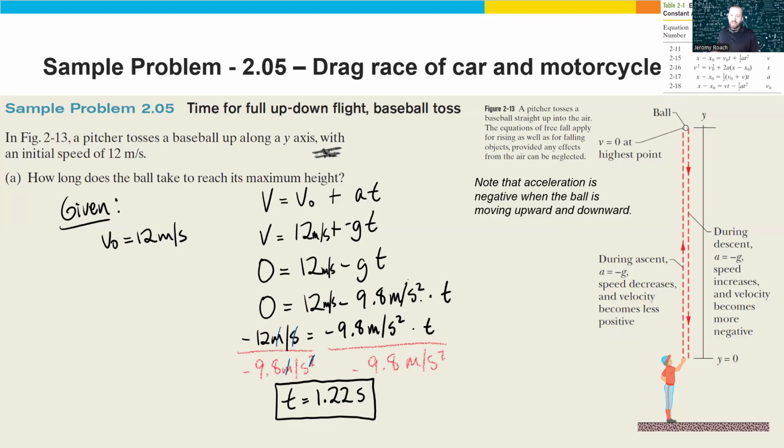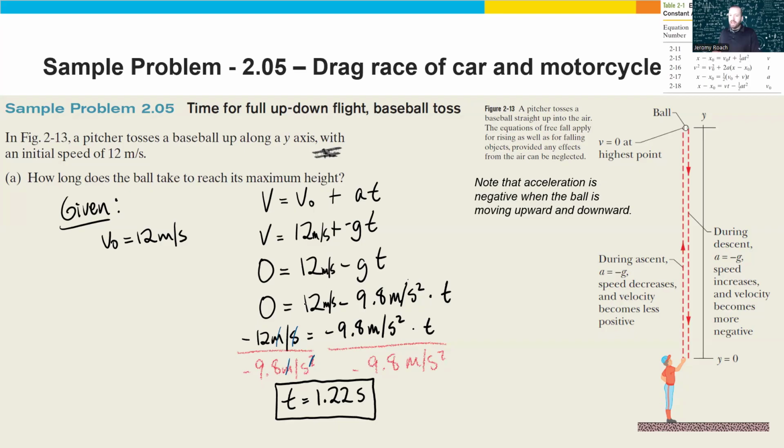Now G is 9.8, and this is why I said to be careful with the negatives, because now we have minus G. G is a positive value. It's 9.8, but we're doing minus 9.8. So 12 meters per second minus 9.8 meters per second squared. Now be careful not to combine these two. These are different values. This is acceleration and this is velocity.